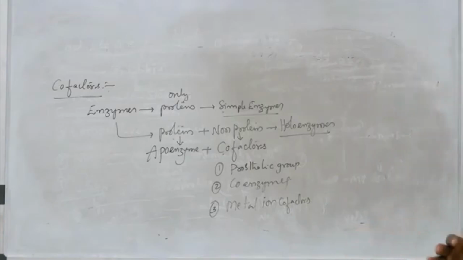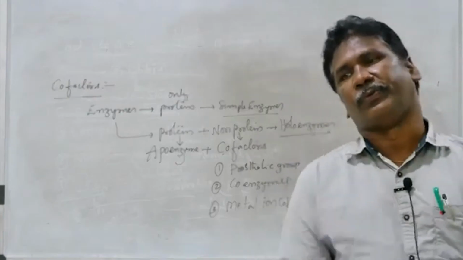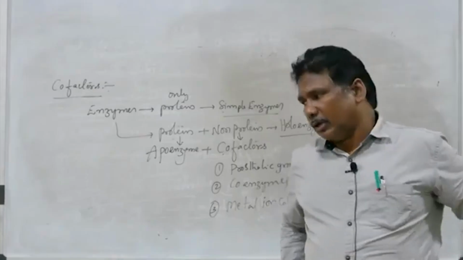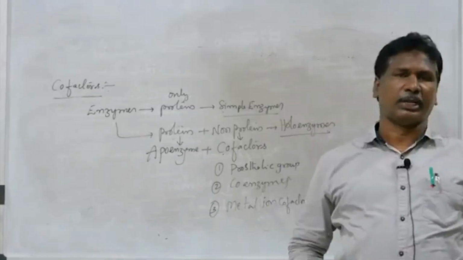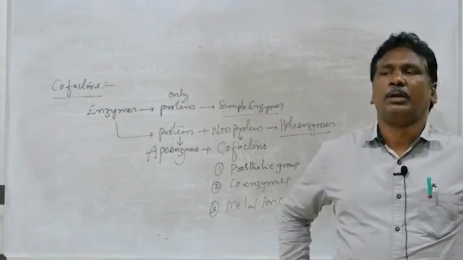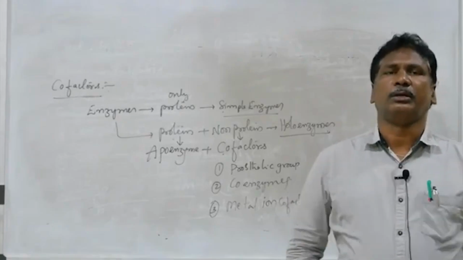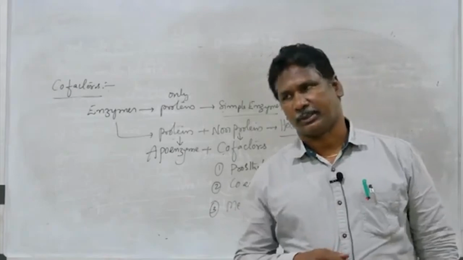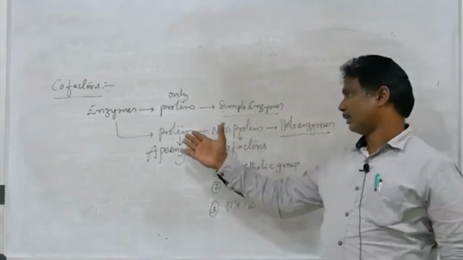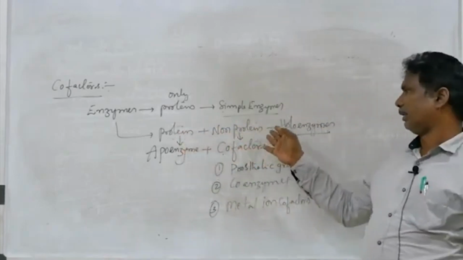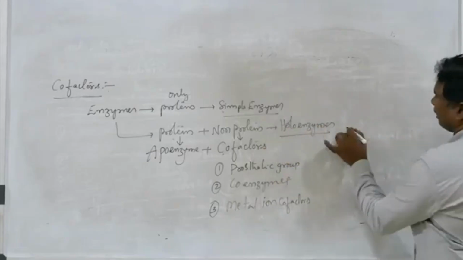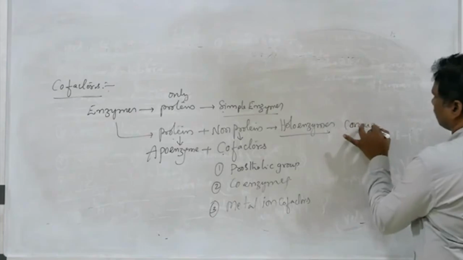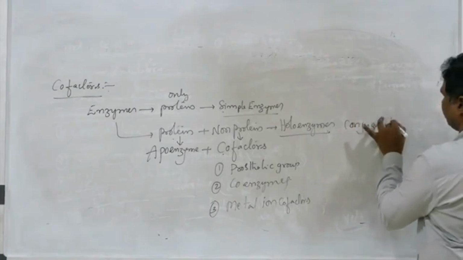Once again, you can see this. If the enzymes are made up of only proteins, those are called simple enzymes. But most of the time the enzyme has a proteinous part and a non-proteinous part. Such enzymes are holoenzymes, also called conjugated enzymes.